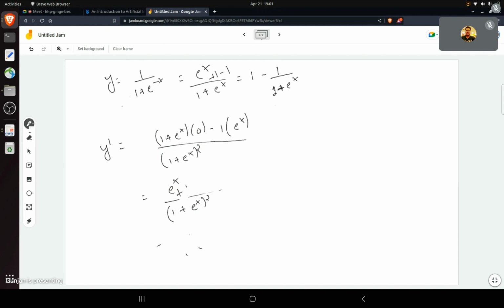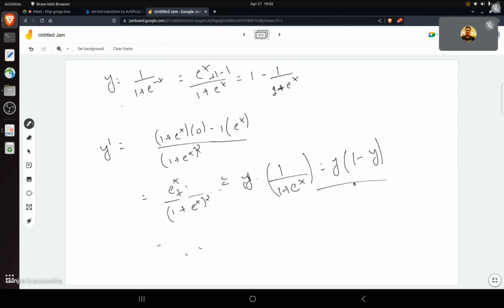So what we have is, this will be y times 1 over 1 plus e to the power x, and 1 plus 1 over e to the power x, this is 1 minus y. So that's how we get y times 1 minus y.